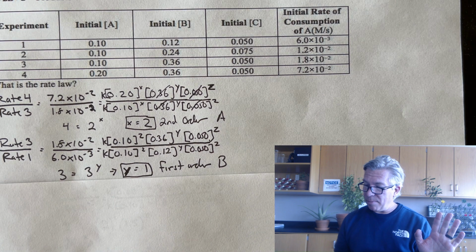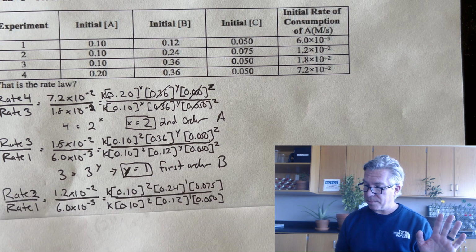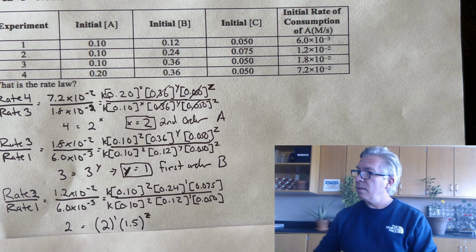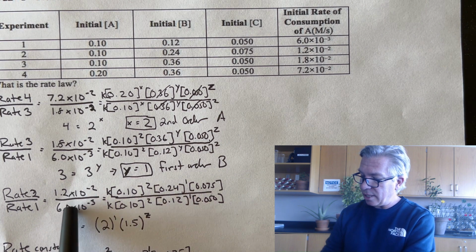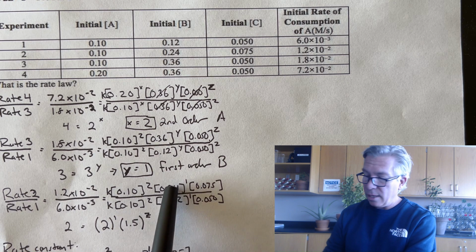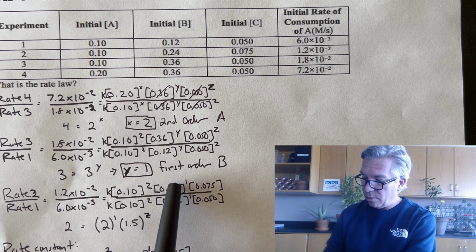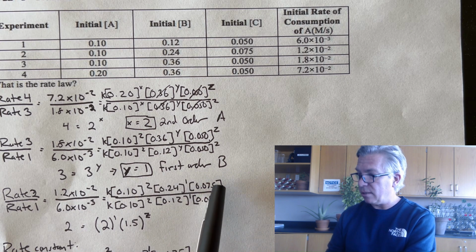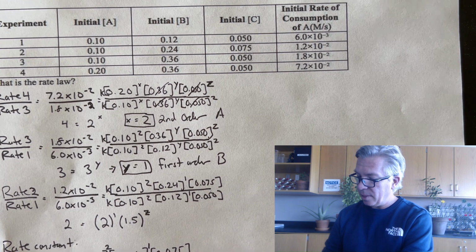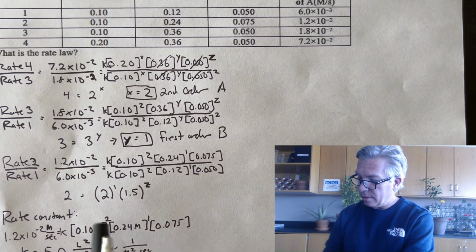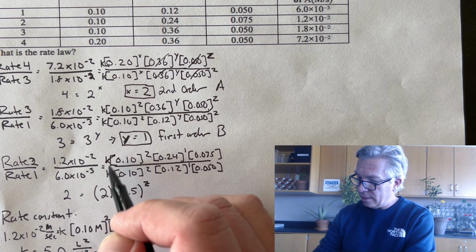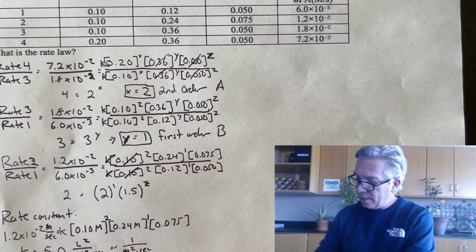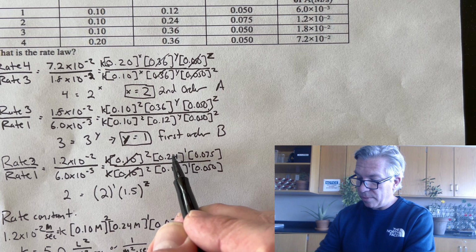So what I did was I picked rate 2 over rate 1. Okay. And I put in the rates, I put in the concentrations, I put in the different concentrations here, but that's okay because it's a 1 and a 1. And then I had to simplify it. So this was double, the constant canceled, the 0.1 canceled, and now I have this over this is 2 raised to the 1.